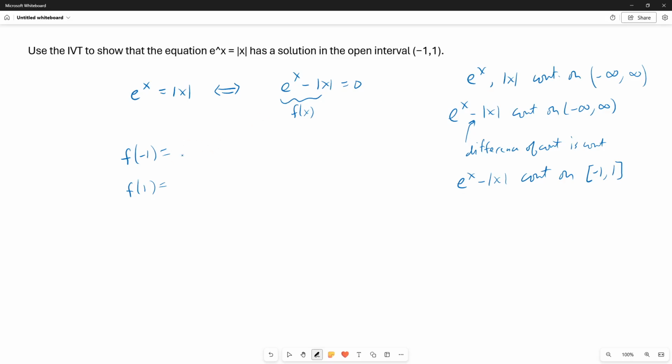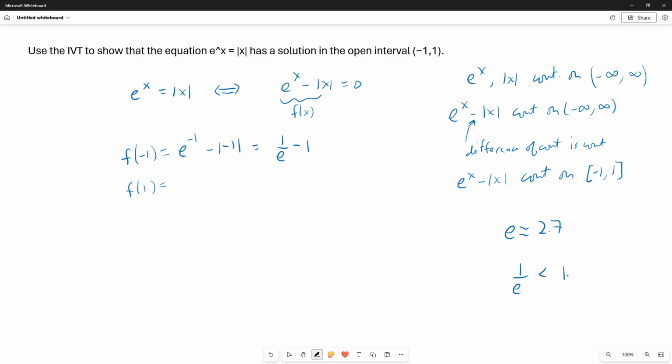So f of -1 is e to the -1 minus the absolute value of -1. e to the -1 means 1 over e, and then we have minus the absolute value of -1, which is 1. e is approximately 2.7, so 1 over e is less than 1, because e is more than 1, so this fraction is smaller on the top than the bottom.